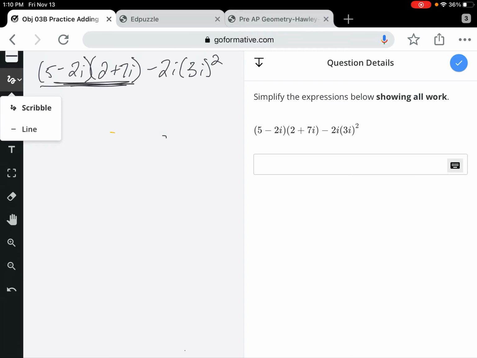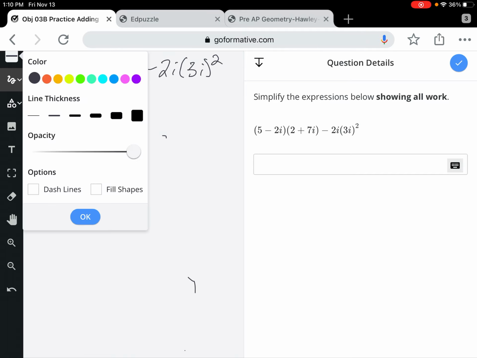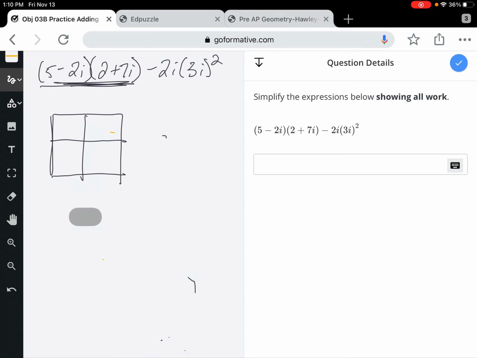The first one I'm going to do is I'm going to do the box method for this. So I have 5 minus 2I, 2 plus 7I. 5 times 2 is 10. 5 times 7 is 35, and I have my I here.